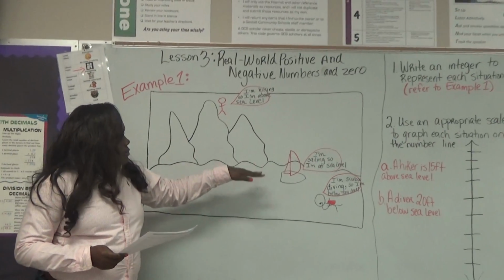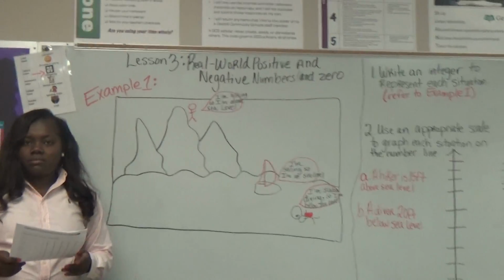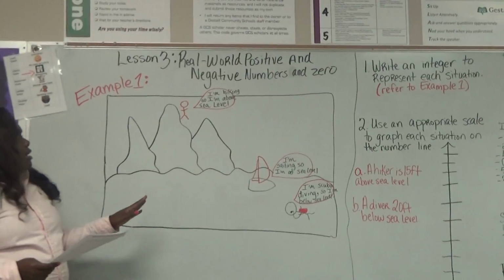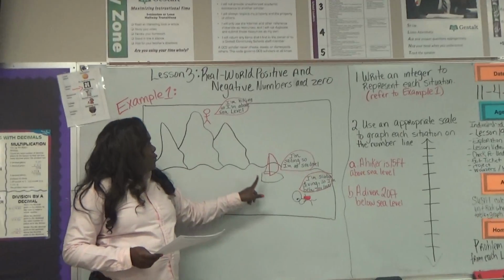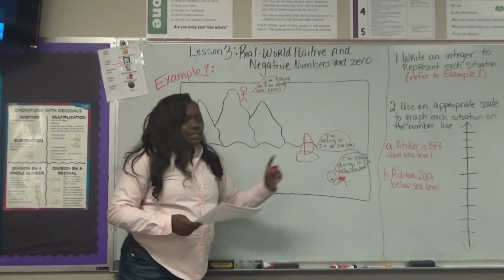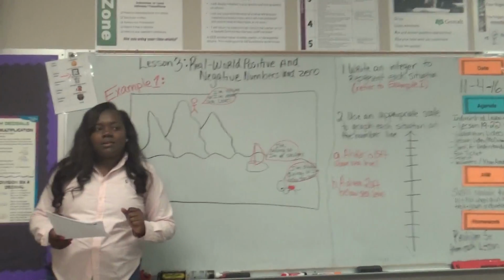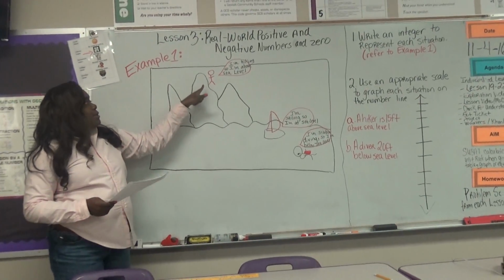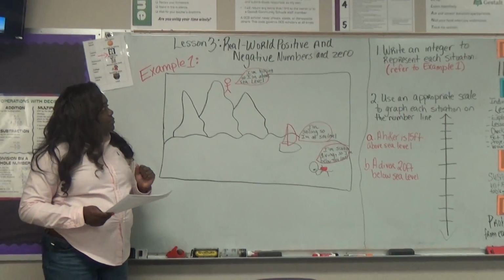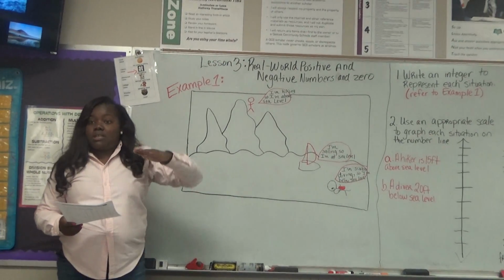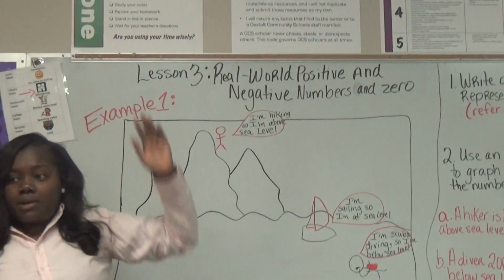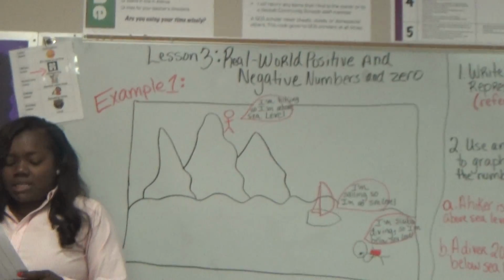So at what point in this image do you think something was elevating? Is it when the guy was hiking, or when they were sailing, or when they were diving? Caitlin? When the guy was hiking. When the guy was hiking, because he was at a what? Above sea level. He was above sea level, so he was elevated above sea level.